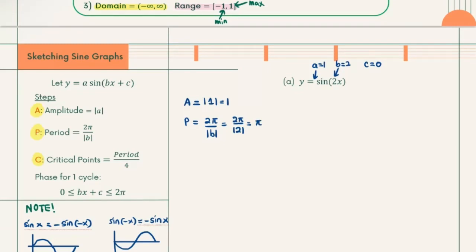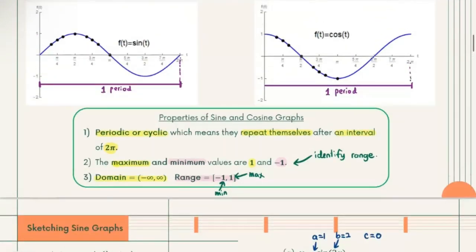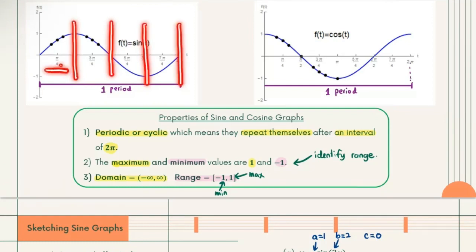Okay, and then critical points. Critical points menggunakan value of our period, we divided by 4. Kenapa divided by 4? So this graph, kita akan pecahkan dia kepada 4 bahagian. Okay, so dia ada 1, 2, 3 dan 4. So kat sini adalah period yang pertama. Ini adalah critical point yang pertama.